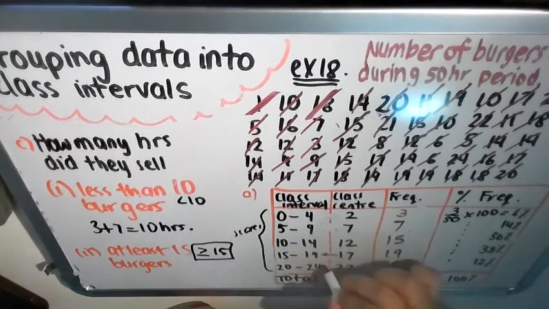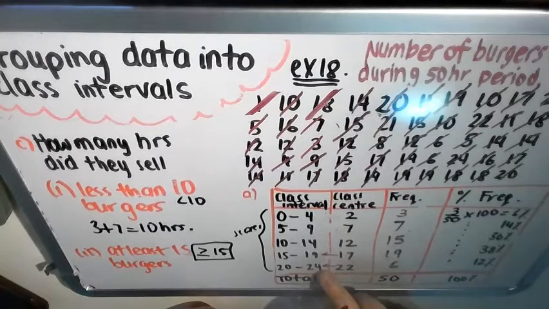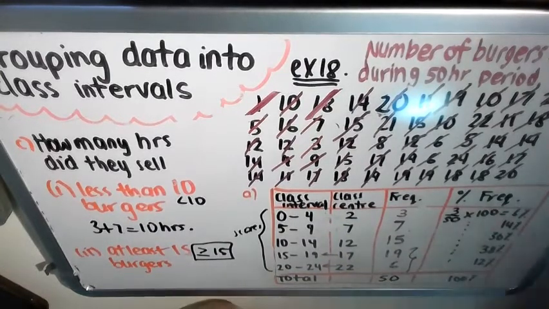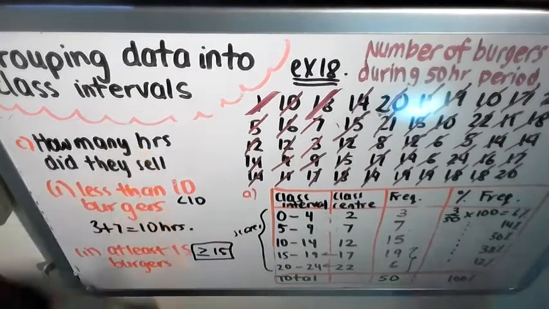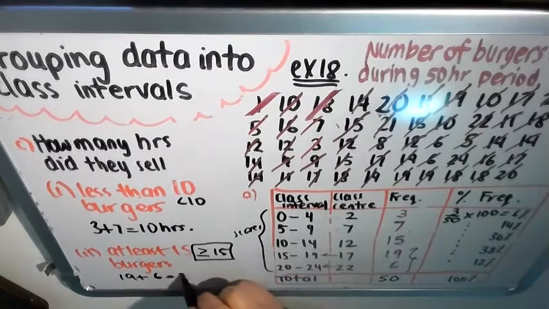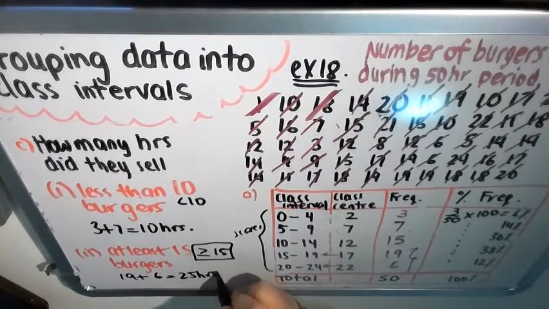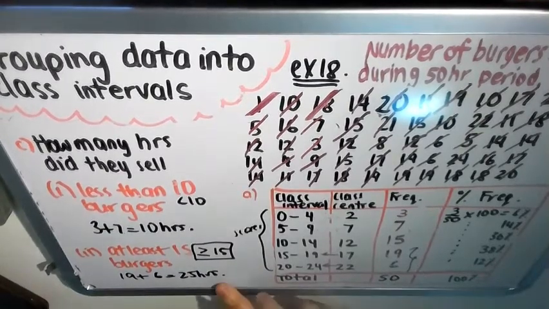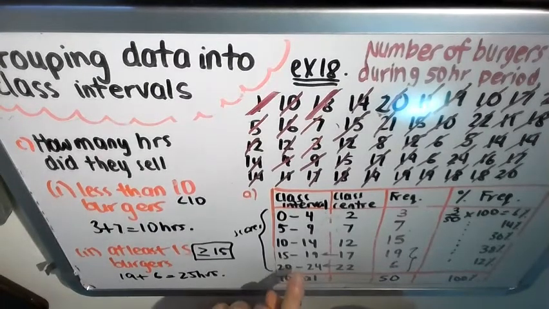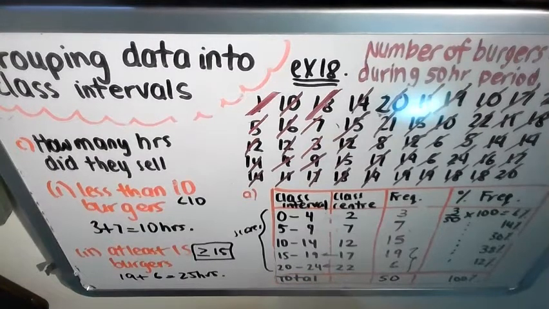So it starts from here and it includes this because this is more than 15. Then we add those two frequencies up because remember, we're looking for the hours. And we go 19 plus 6 equals 25 hours. So it took them 25 hours to sell at least 15 burgers or more.